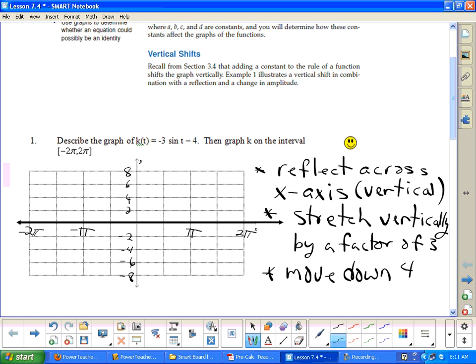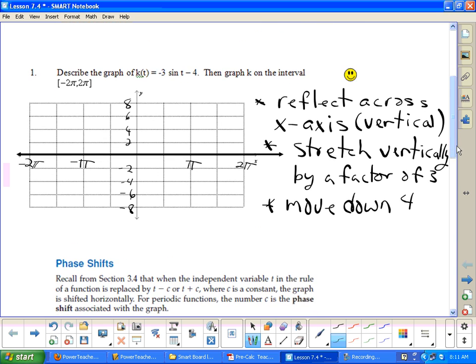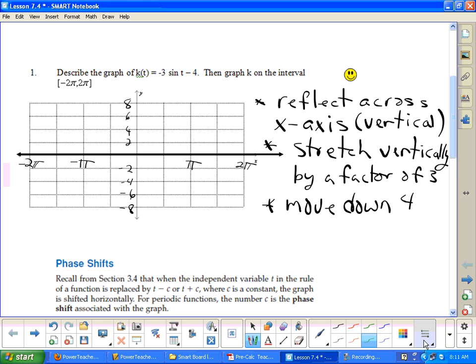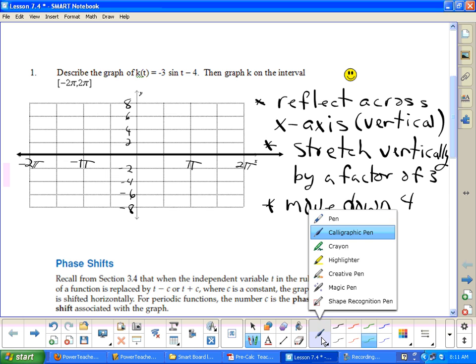All right, so I'm going to sketch the graph of sine first of all and use that to be able to graph this.